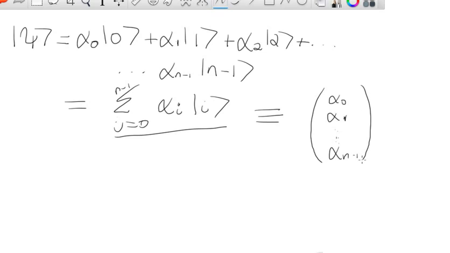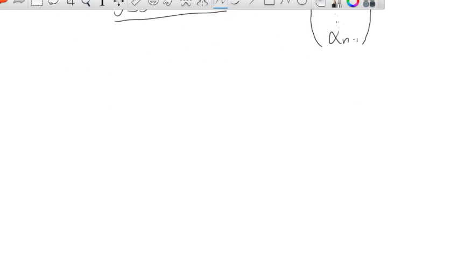So remember, the ket can be written as a column vector, and we have the coefficients here, starting from the beginning all the way down to the last one. Note that when two vectors are orthogonal, physically it means that the corresponding physical states which the kets represent can be fully distinguishable. So let's go back here, scroll up a little bit and see what I mean by that.